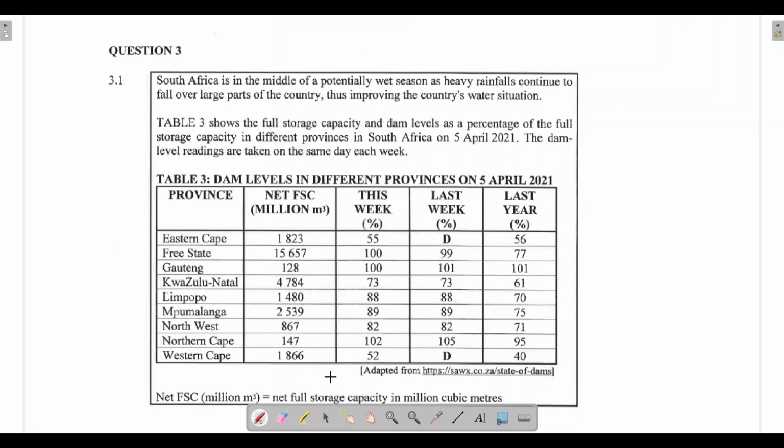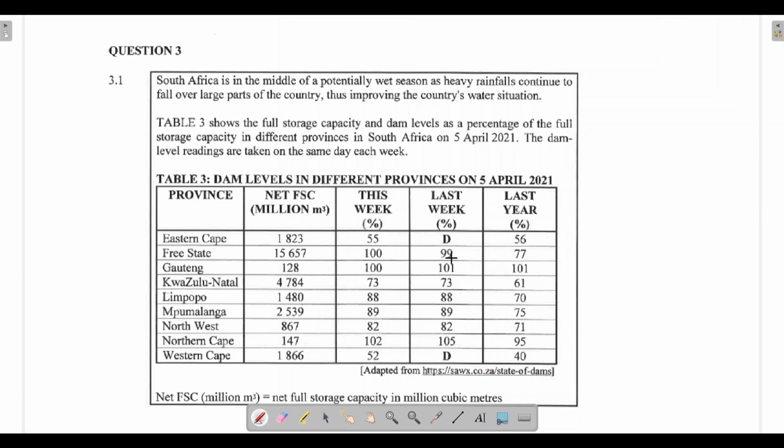We are given this week the percentage of the full storage capacity. For Eastern Cape it is 55%, Free State 100%, Gauteng 100%, KwaZulu-Natal 73%, so on and so forth. And the full storage capacity in a percentage for last week, for the Eastern Cape it's D, so we need to calculate that.